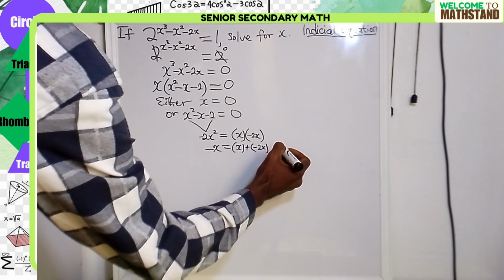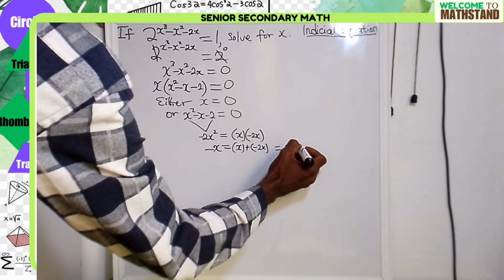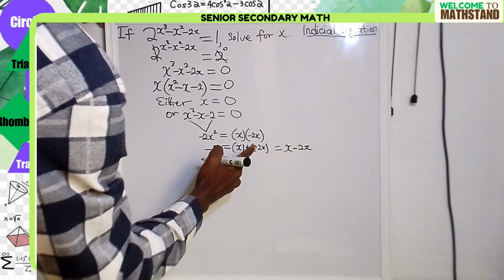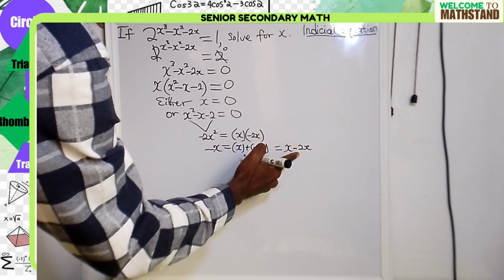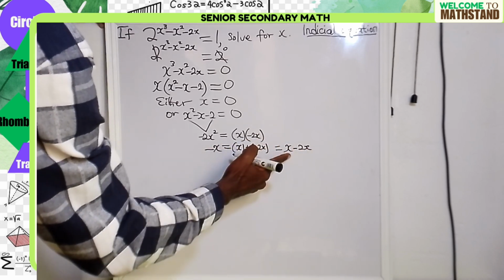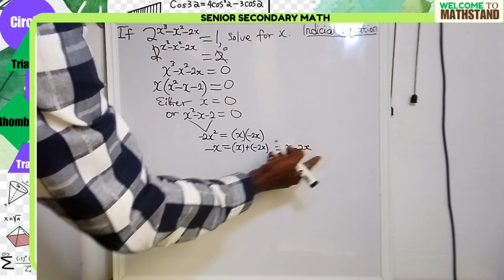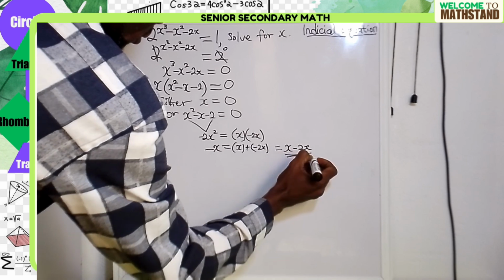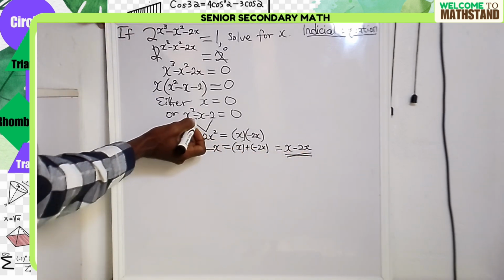This is the same thing as saying x minus 2x. Remember, plus times minus will give us minus. Then x minus 2x will give us minus x, just like saying 1 minus 2 will give us minus 1. So we are going to put this in place of the middle term.